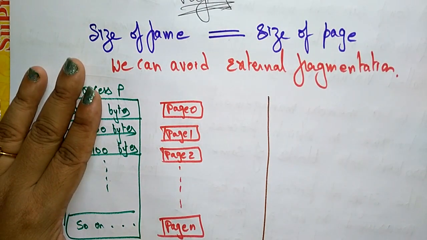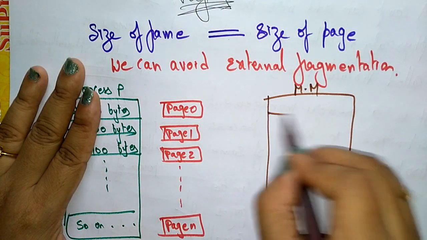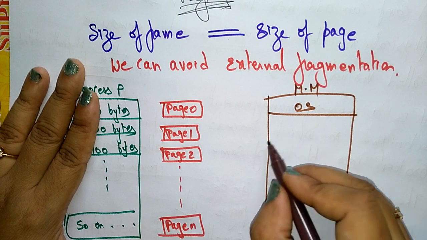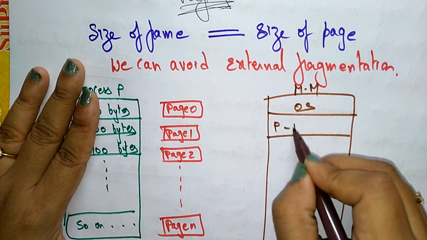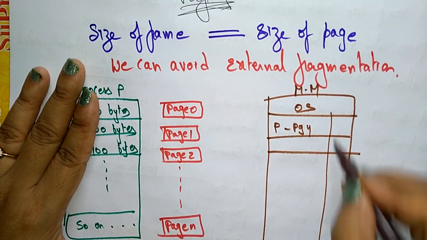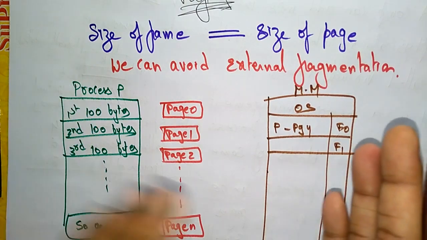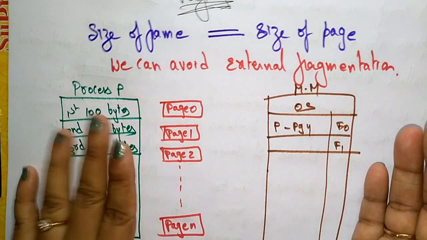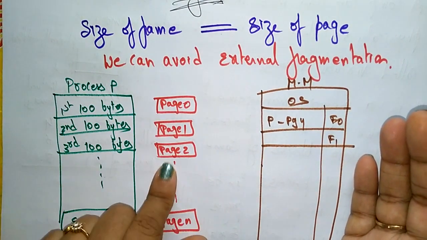So this is the main memory. Here the operating system is there. Now here is process P, page 4, and here F0, F1 are the frames. In the main memory we have frames, and this is the logical memory. Whatever the virtual memory has is divided into pages.